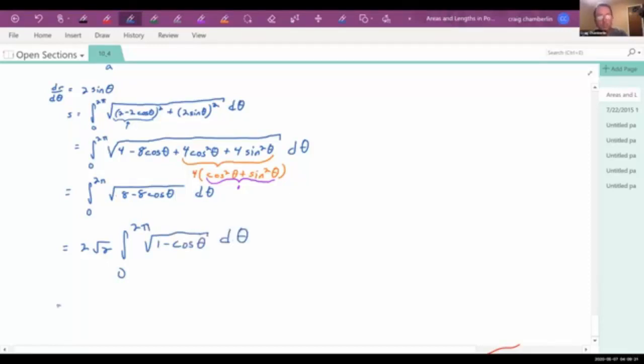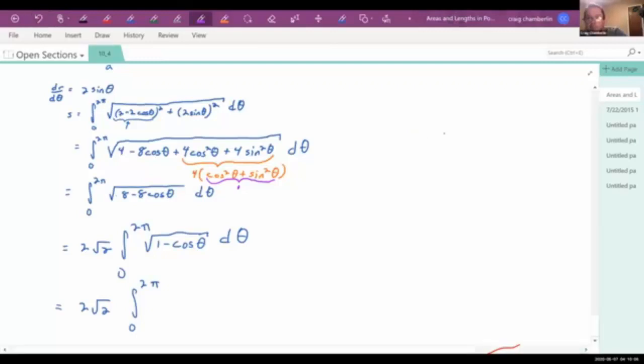And then another really cool trick when you have 1 minus cosine theta or 1 plus cosine theta underneath the square root. I don't know if we've seen this trick this semester, but you can once again use the power reducing formula, but in reverse, raising the power formula, I guess you'd call it. Let's write down that formula again. I think we're going to have to use sine here.